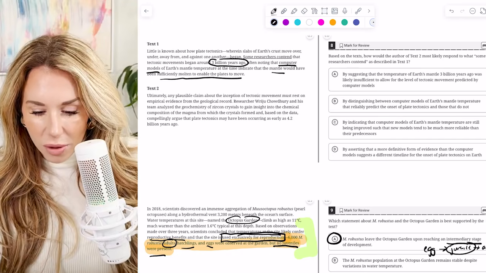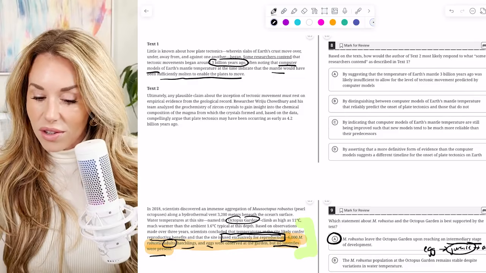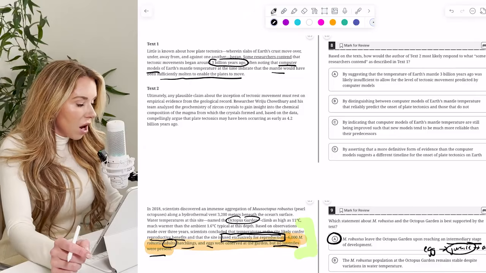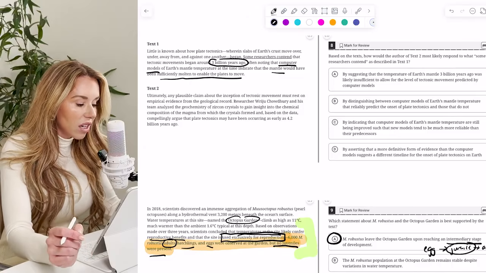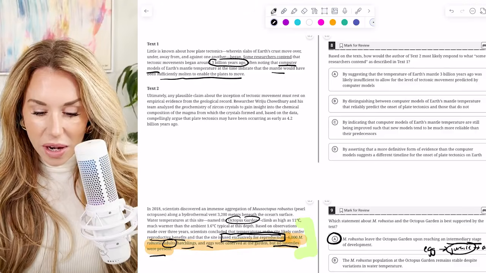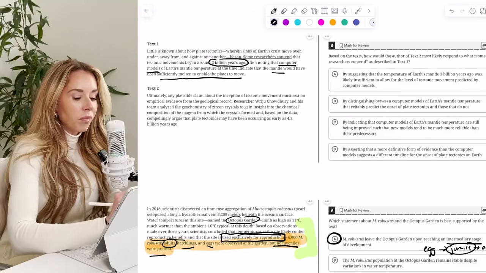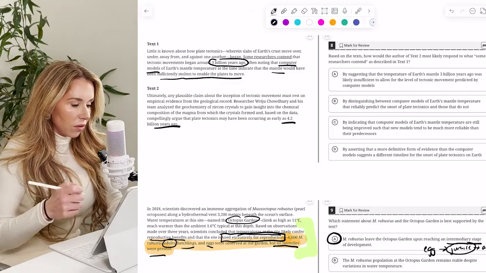Researcher W.C. and his team analyzed the geochemistry of zircon crystals to gain insight into the chemical composition of the magma from which the crystals formed, and based on the data, compellingly argue that plate tectonics may have occurred as early as 4.2 billion years ago. Much earlier than was originally thought, so 4.2 billion versus 3 billion.